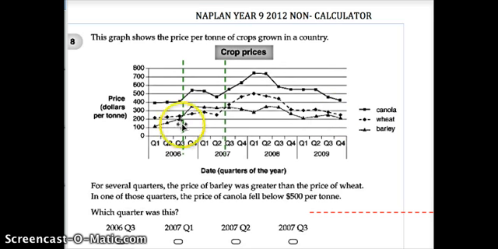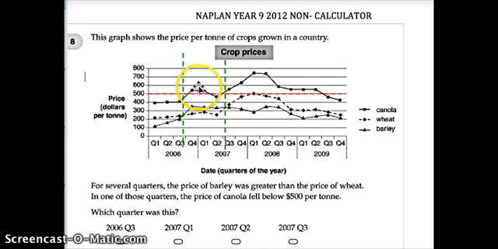Now it also said that in one of these quarters the price of canola fell below $500 per tonne. So I'm going to put a red line on the graph to show where $500 per tonne is. So it's in one of these quarters between the green lines that the price of canola fell below 500.